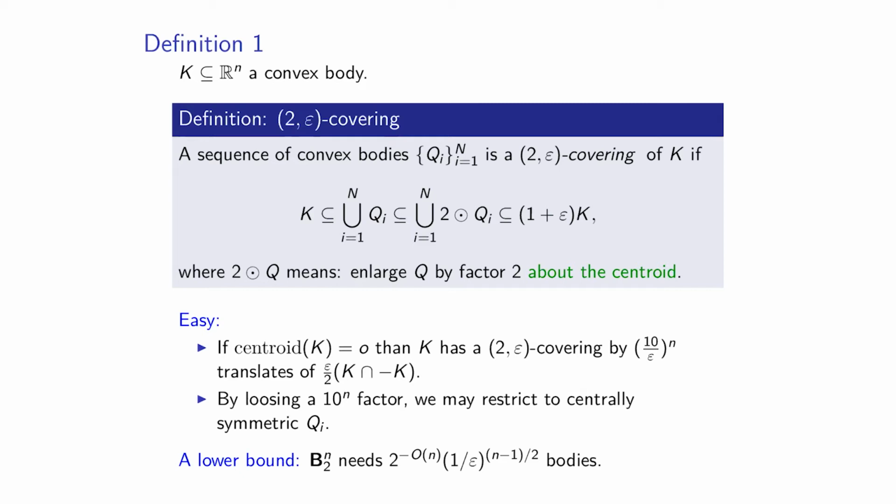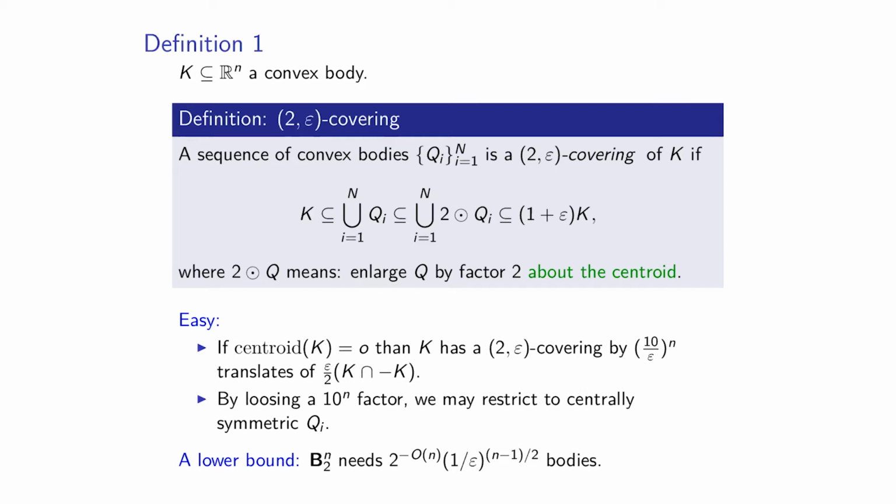So you take this symmetric body and epsilon times it. This is a very standard, very simple epsilon net argument, and it doesn't require anything new, anything fancy.